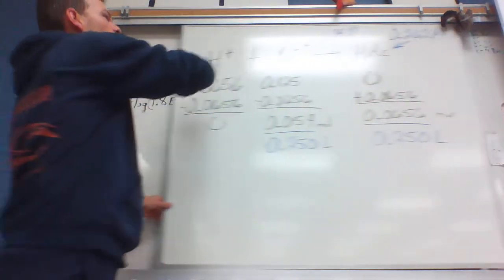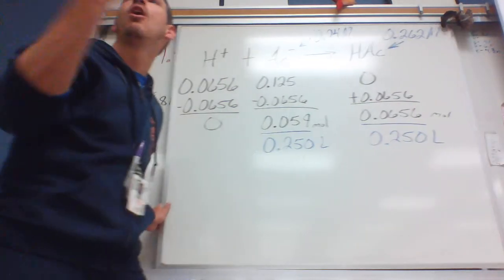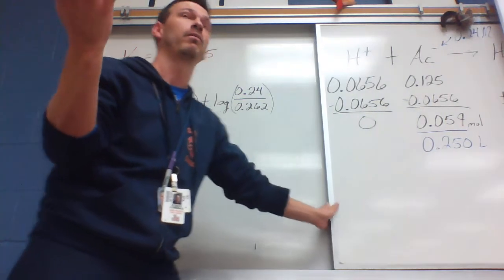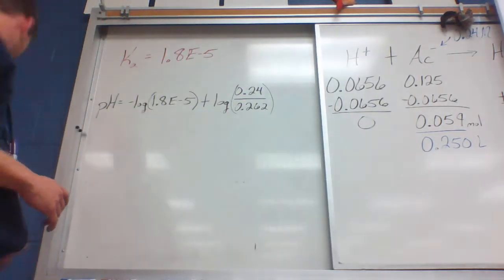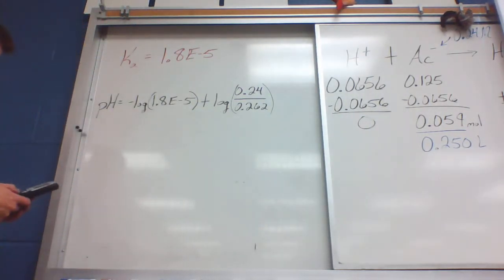Because this equation is done. We don't care about the reaction. We just care about the solution that's left over. To 2 sig figs, I get 4.71.